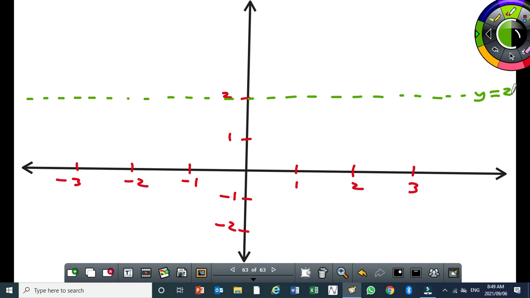Once you draw the horizontal asymptote, you need to know that your first quadrant will now be between the y-axis and the horizontal asymptote. So the area bounded by the y-axis and the horizontal asymptote becomes your new first quadrant. The second quadrant is also the area bounded by the y-axis and the horizontal asymptote.